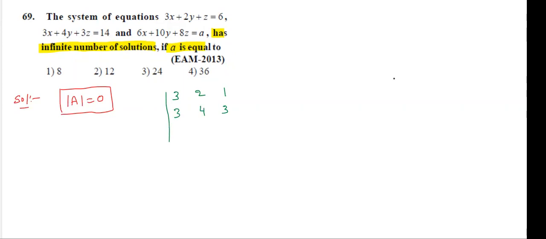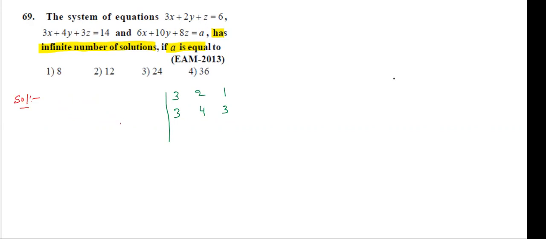Next, here is one more problem. Where is the A? Where is the A? In the constant matrix. So that's why here we need to write the augmented matrix. The determinant is not applicable here because A is in the constant matrix. There is a problem.